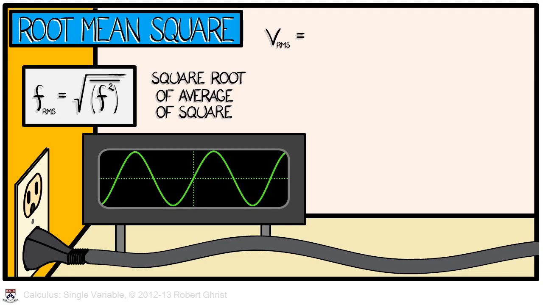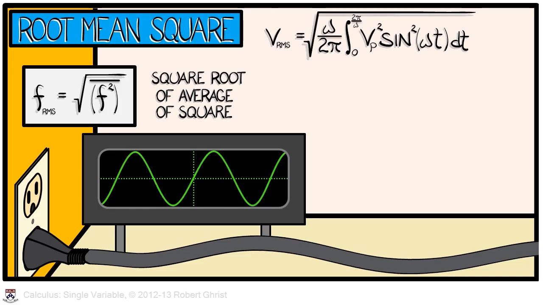In the case that we looked at before, the root mean square voltage, VRMS, is what? We square the voltage, Vp squared times sine squared omega t. Then we average that, taking the integral from 0 to 2 pi over omega and dividing by that length, 2 pi over omega. Then square rooting.